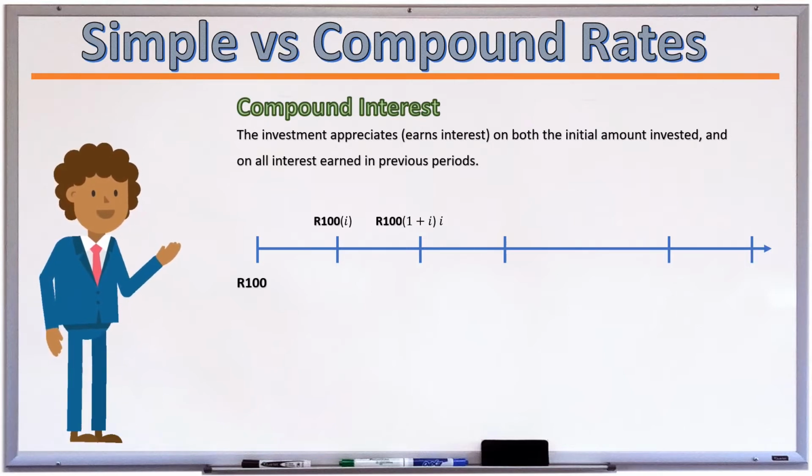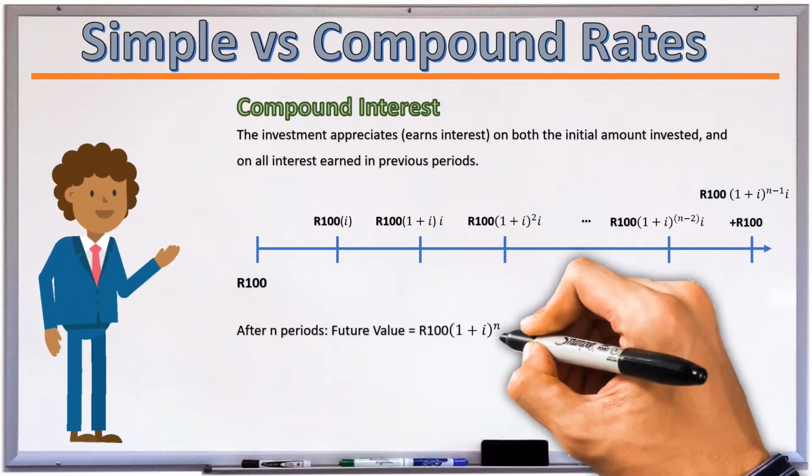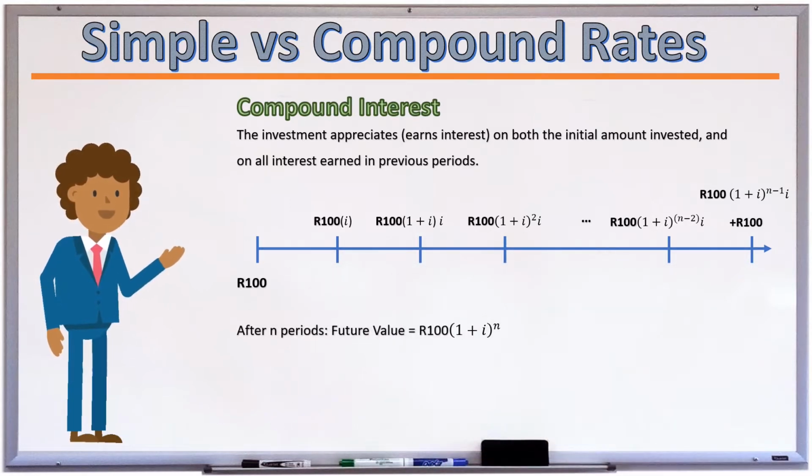Thus simplifying, after two periods, the investment would be worth 100 times (1 + i) squared. One can generalize this to an investment made for n periods in the same account, where the value of the investment at the end of n periods would be 100 times (1 + i) to the power of n.